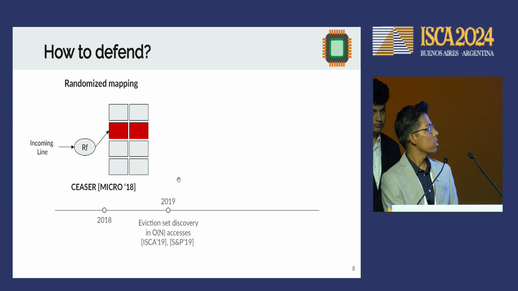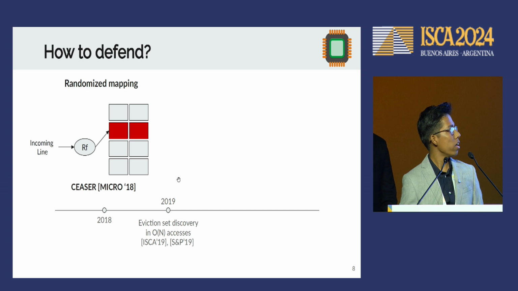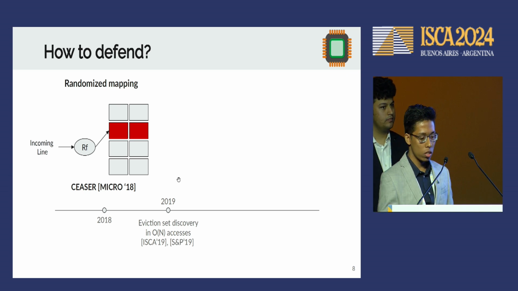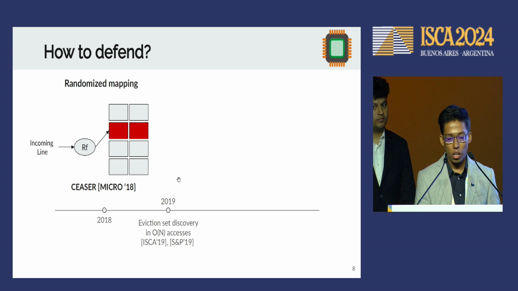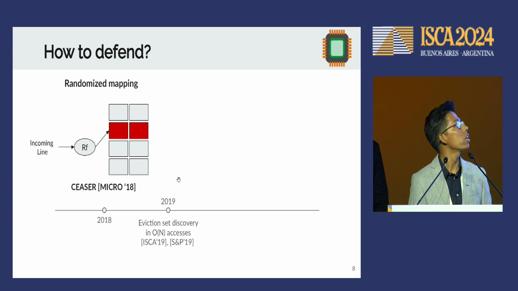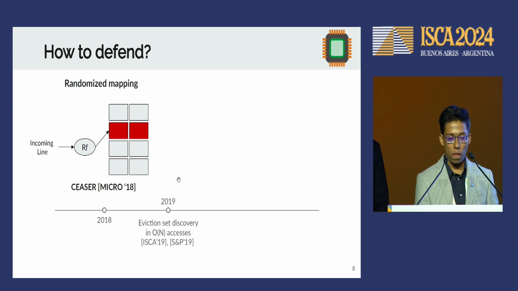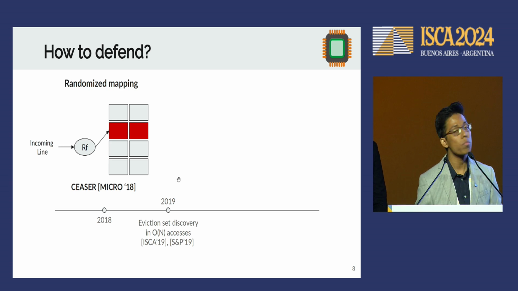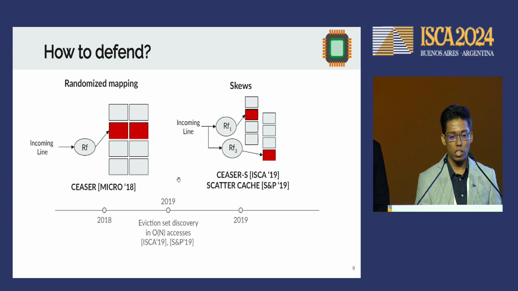But the attackers are smart and find an indirect way to figure out the set mapping through something called eviction set discovery, which gives a set of addresses that map to the same set. So this breaks the randomized idea that CEASER proposed in MICRO 2018.